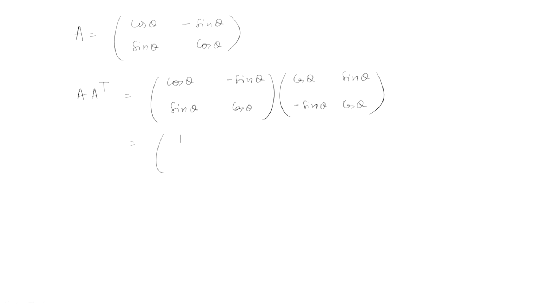This row into this column, cos into sin minus sin into cos is 0. This row into this column, sin into cos minus cos into sin is 0, and this is sin square plus cos square, which is 1. So, it is identity matrix. That means A inverse equal to A transpose and hence it is an orthogonal matrix.